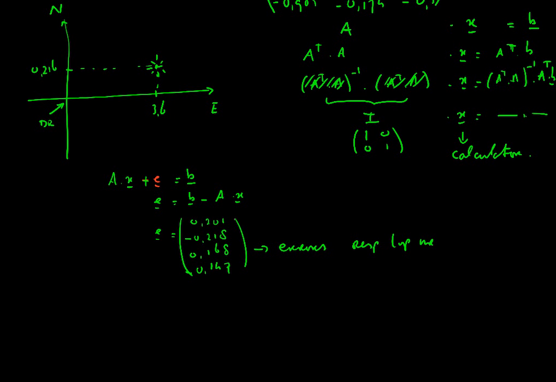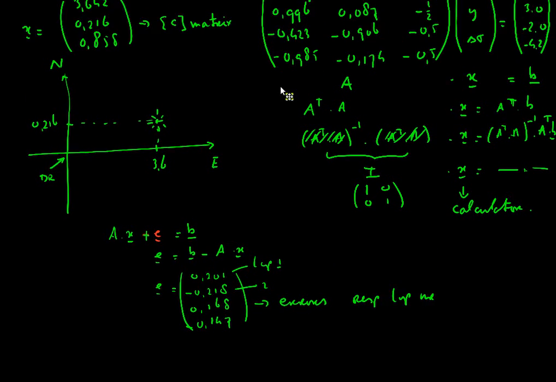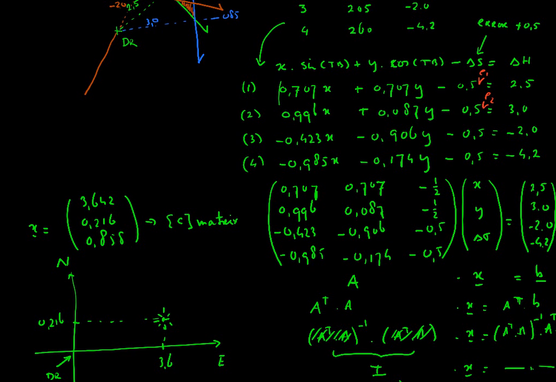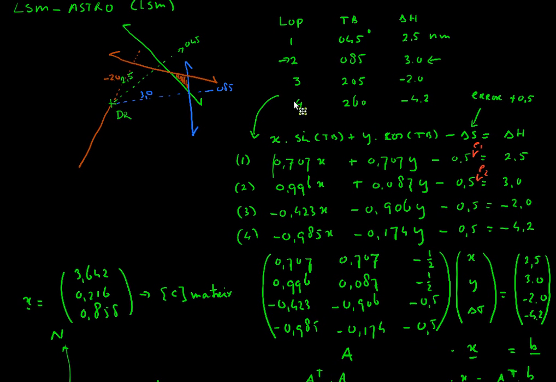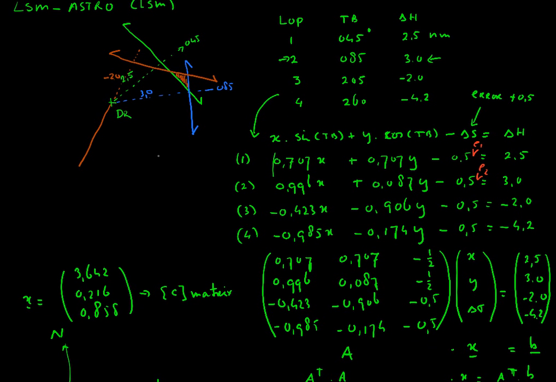Okay, interesting. So I put this in my calculator. I got something like an E vector of, say, 0.201, minus 0.218, 0.168, and minus 0.147.